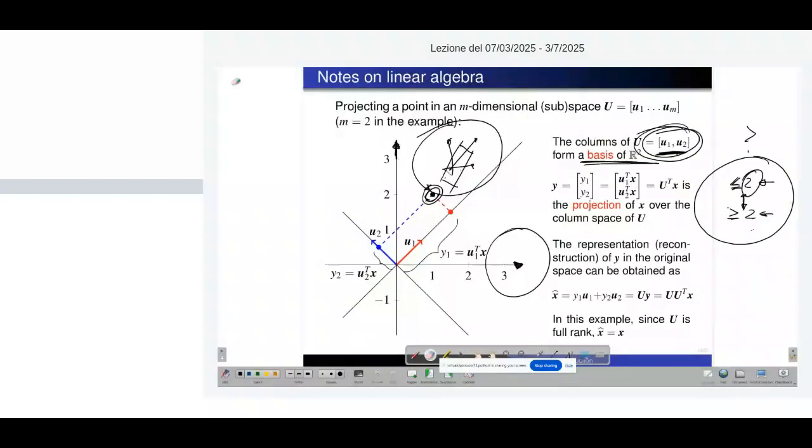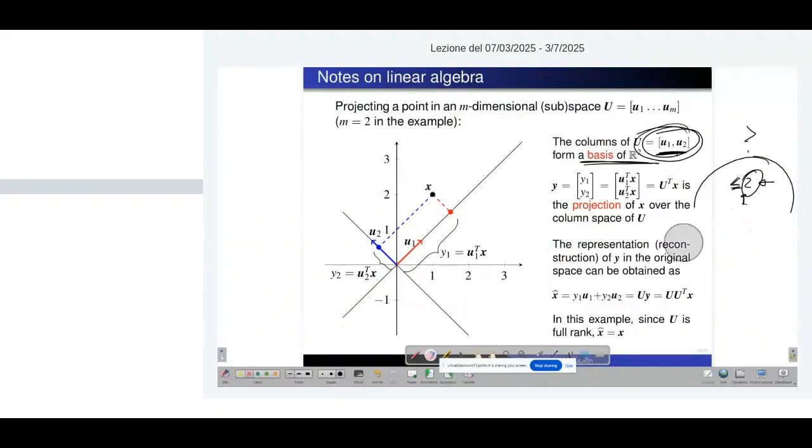Okay, we have spent some time defining what a projection is, how we project a point onto a new subspace. We didn't say it, but we are working with subspaces, so we have new Cartesian axes, but the origin of the space is the same as the origin of the initial space.